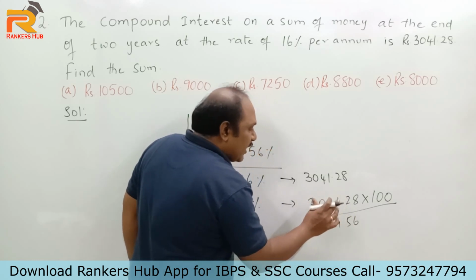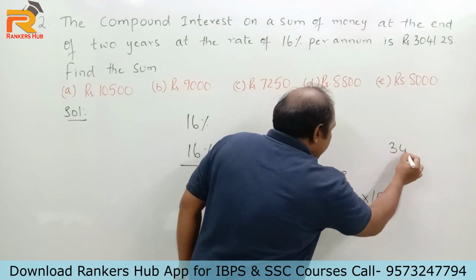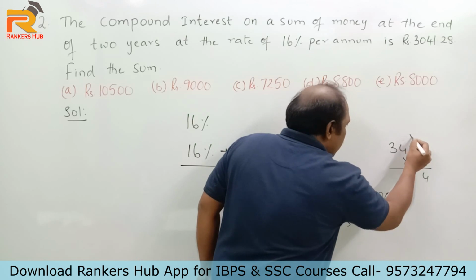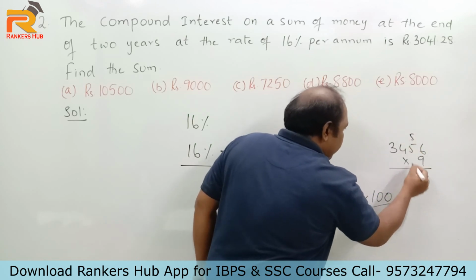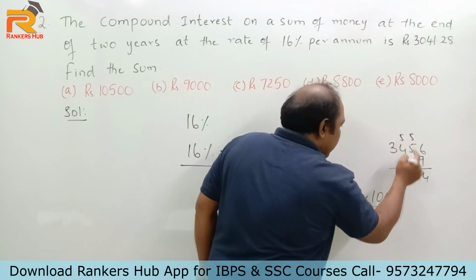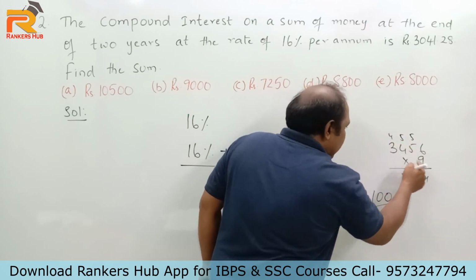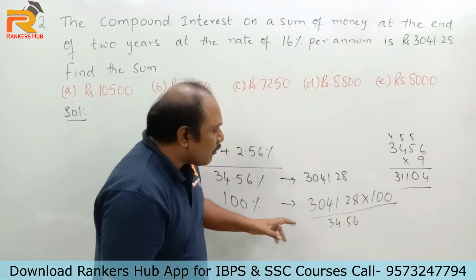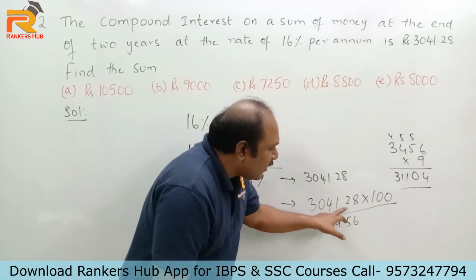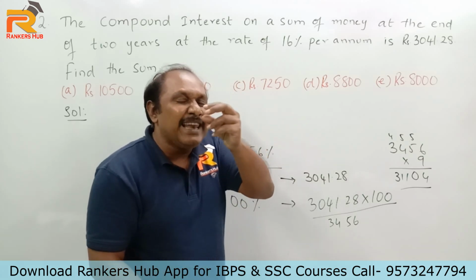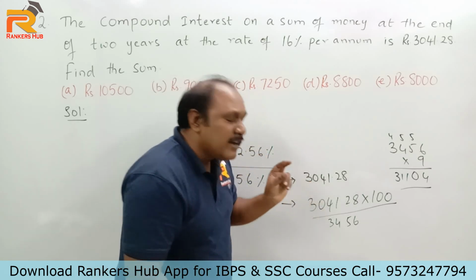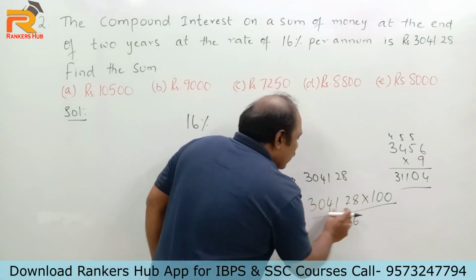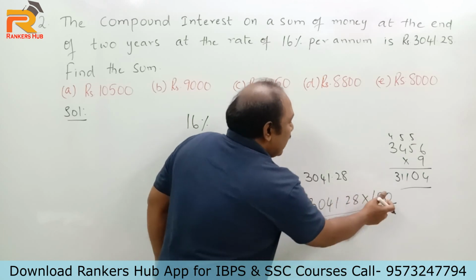So, just check for 9 times. 3456 into 9. 9 6s are 54. 9 5s are 45 plus 5, 50. 9 4s are 36 plus 5, 41. 9 3s are 27 plus 4, 31. So it is 31,104. But here I have 30,412. That means the value should be less than 9. It is almost nearer to 9 but less than 9. So it is somewhere around 88, 89 and so on, multiplied with 100.